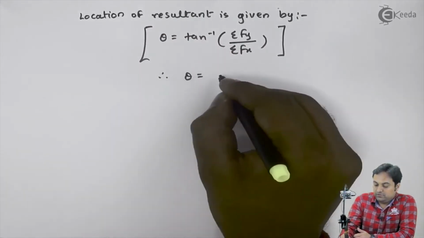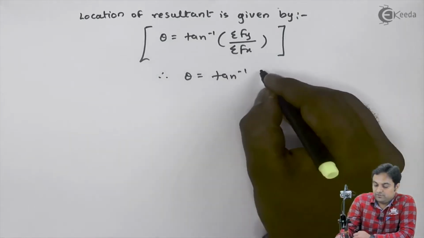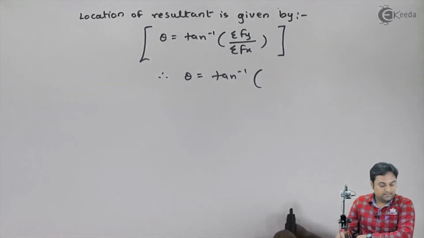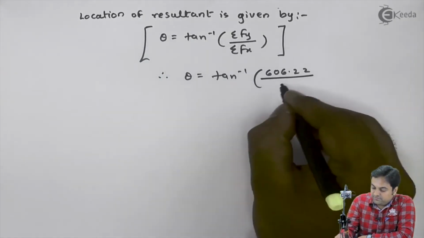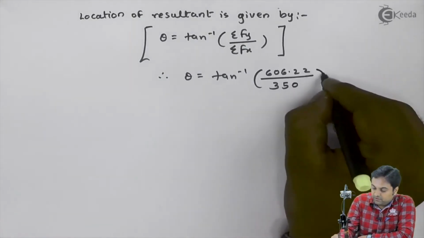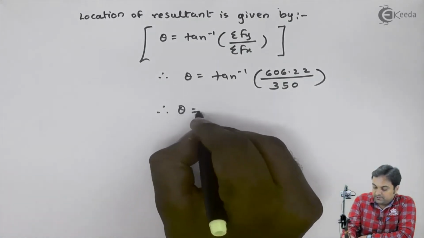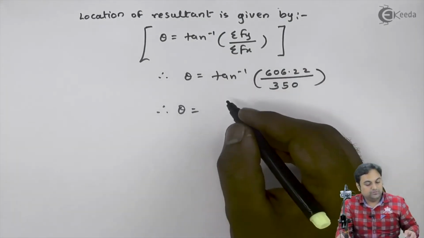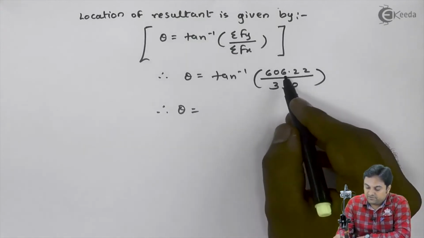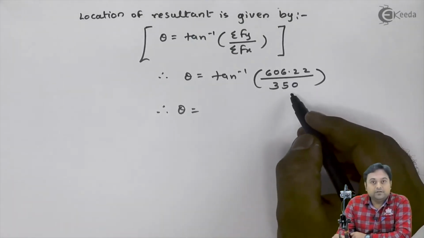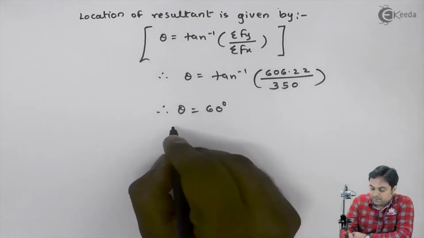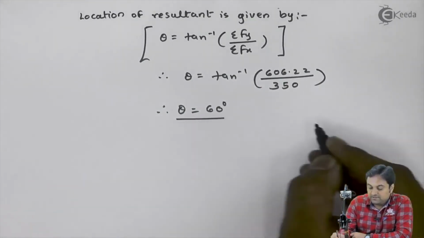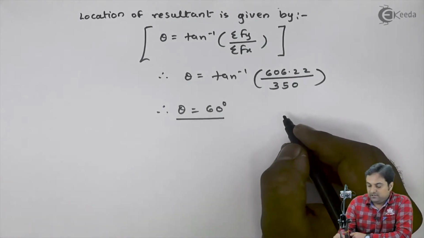Therefore, theta is equal to tan inverse of summation fy, that was 606.22, summation fx 350. If I calculate all terms here, tan inverse of 606.22 divided by 350, theta comes out to be 60 degree. Means even resultant is at 60 degree inclination.